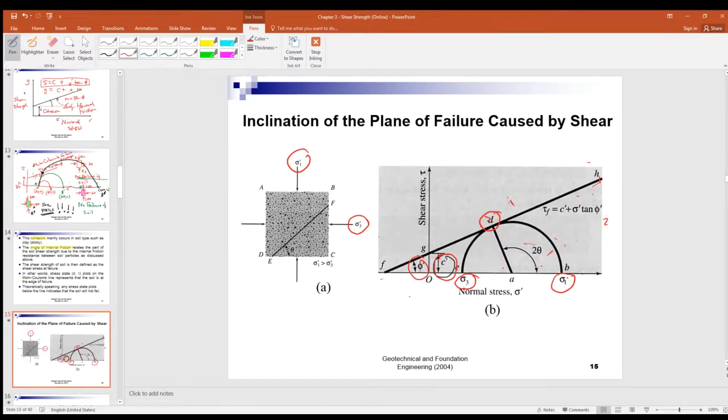So can you work out the relationship between sigma 1 and sigma 3 in terms of the cohesion and the angle of internal friction?